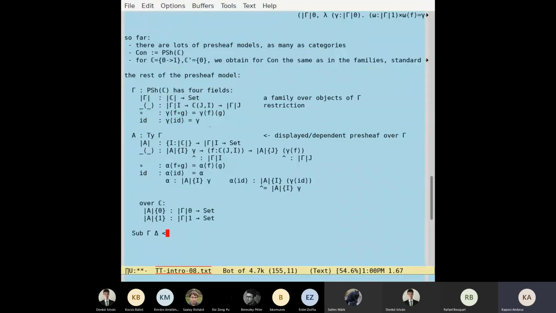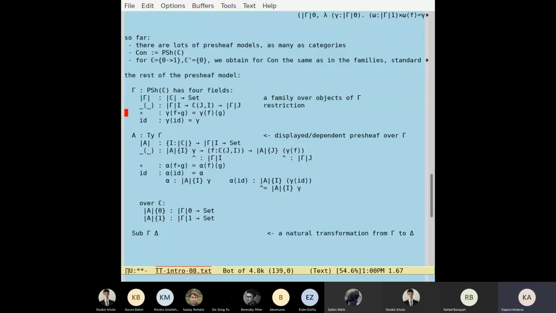So here I first give it a name. If you know that presheaves are just functors, then in category theory there's a notion of map between functors, and it's called a natural transformation. So this is a natural transformation from gamma to delta.